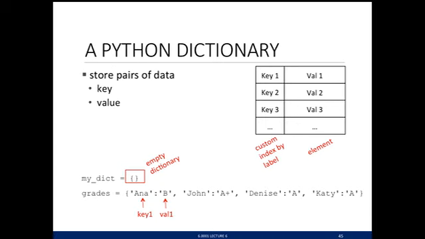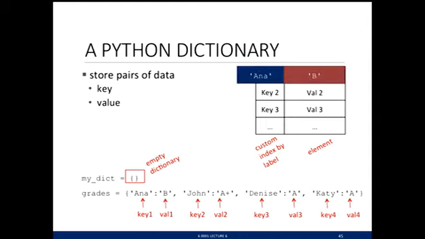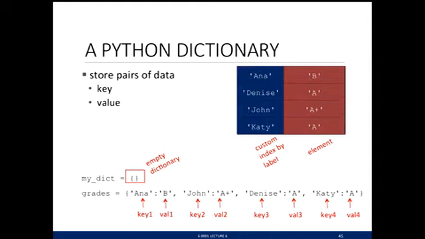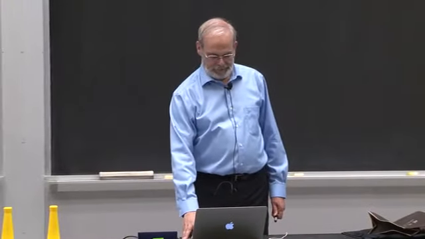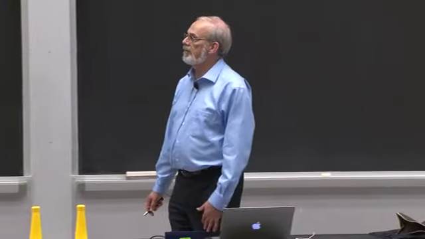In this case, the string Anna and the string B, followed by a comma, which separates it from the next pairing of a key and a value, and so on. And so if I do this, what it does in my dictionary is it creates pairings of those labels with the values associated with them. These are pretty simple, but in fact there's lots of nice things we can do with it.